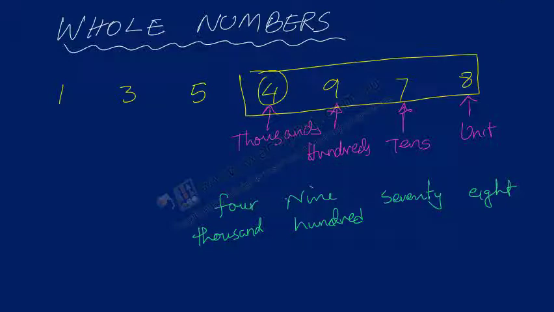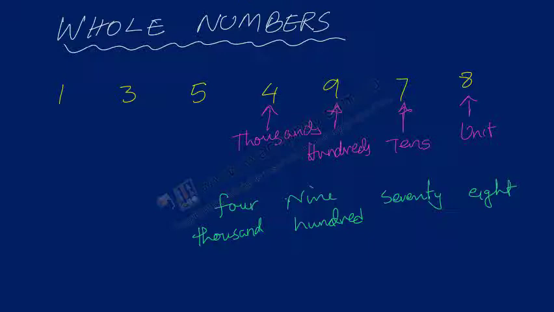Now the next number, 5, is called how many tens of thousands we have. Tens of thousands. So how many tens of thousands we have here?